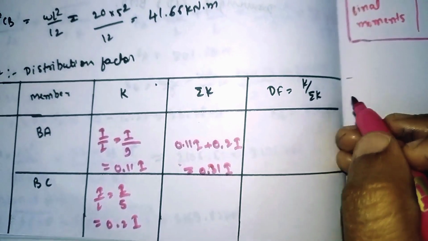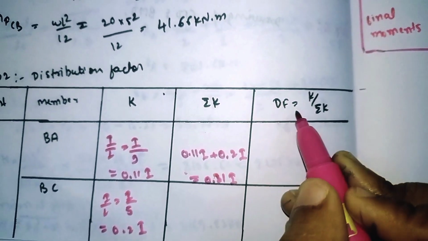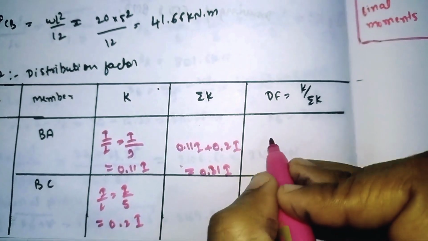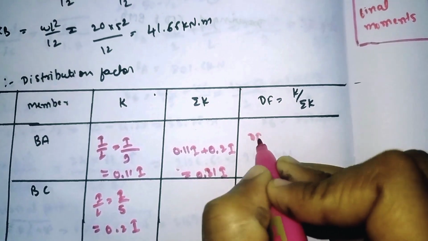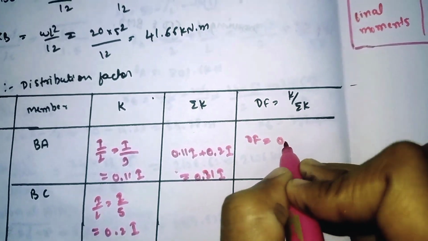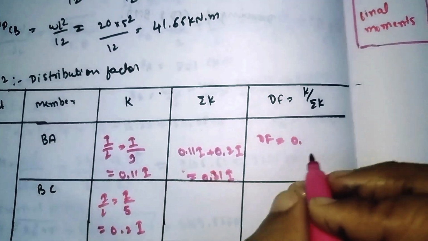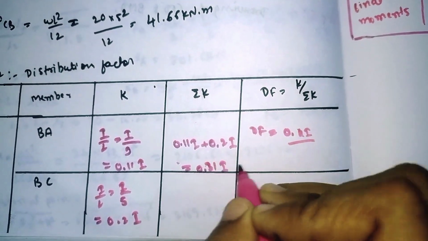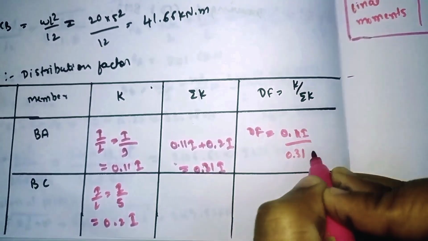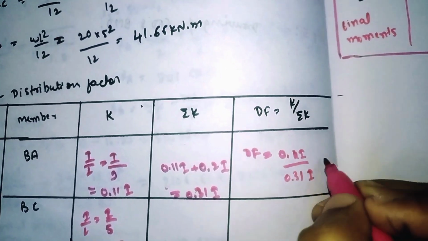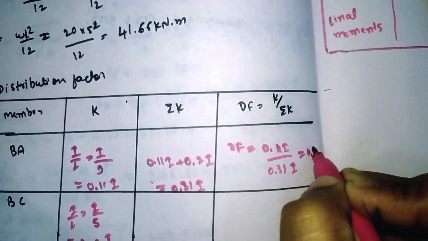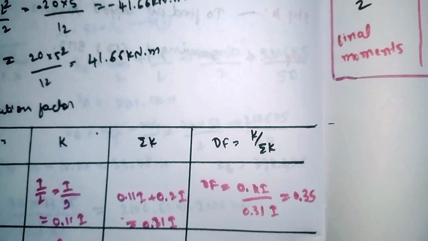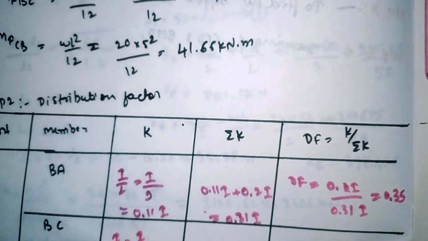Now the next step is the distribution factor. For that we have the formula K divided by summation of K. Our K value for member BA is 0.11 I divided by summation of K, 0.31 I. By simplifying it will come out as 0.35 for our member BA.